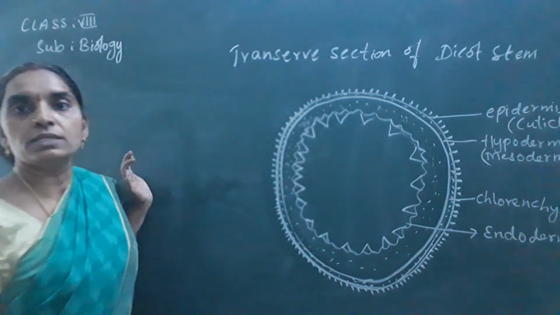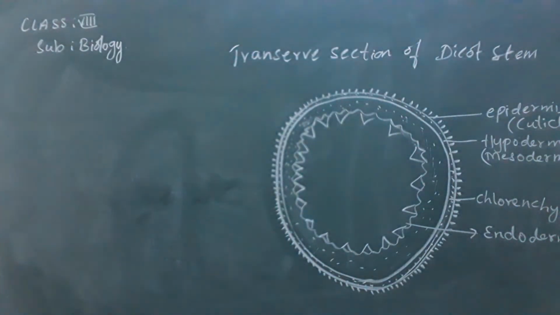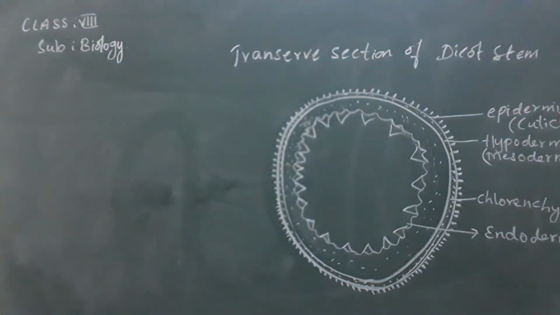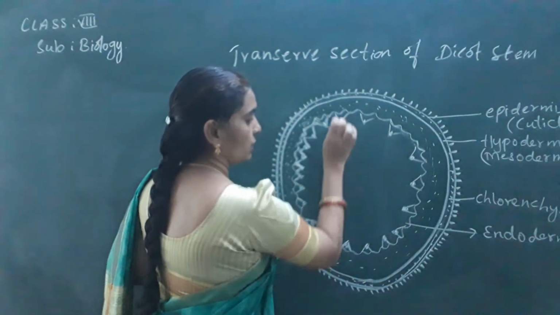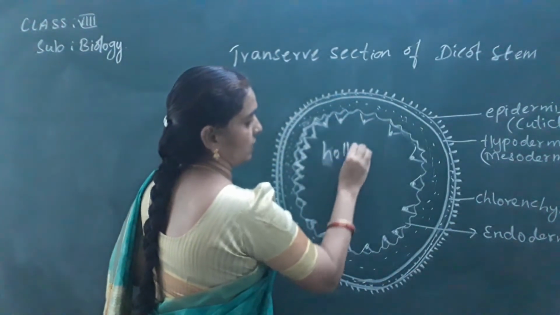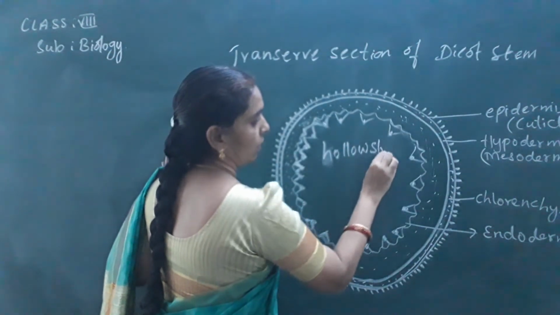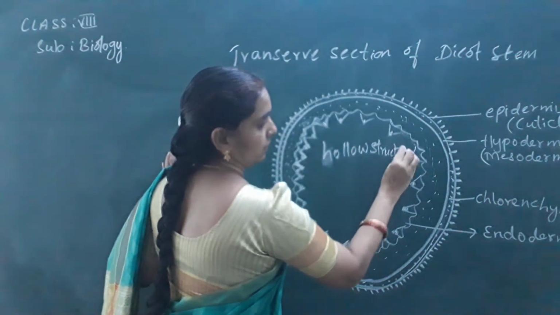Okay children, so you can draw carefully seeing the board. See, this is the ground tissue, children, this is the hollow structure inside. Hollow structure.